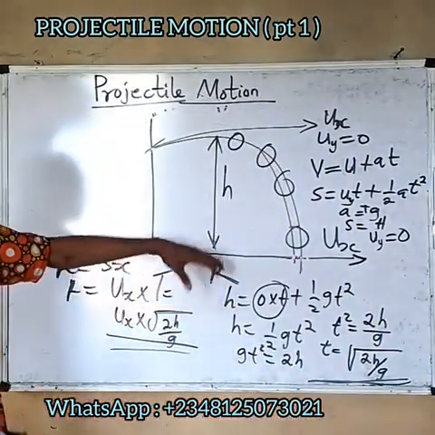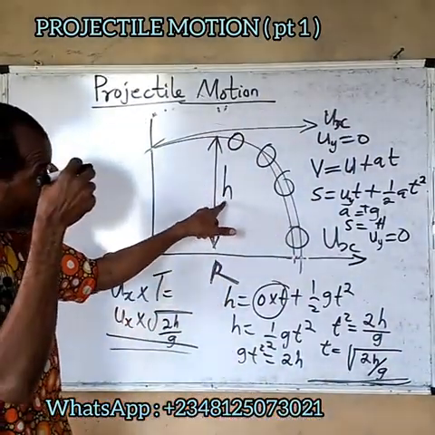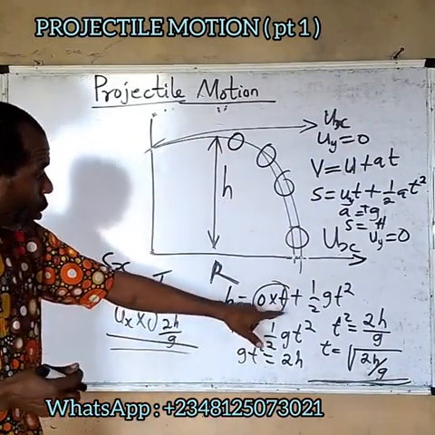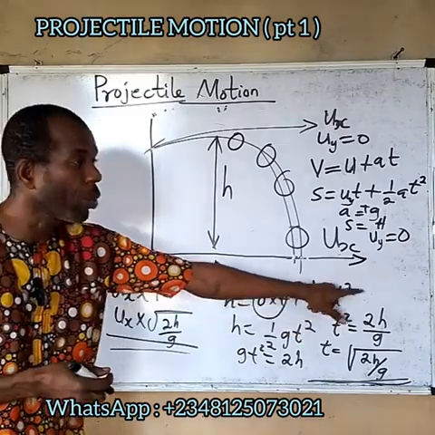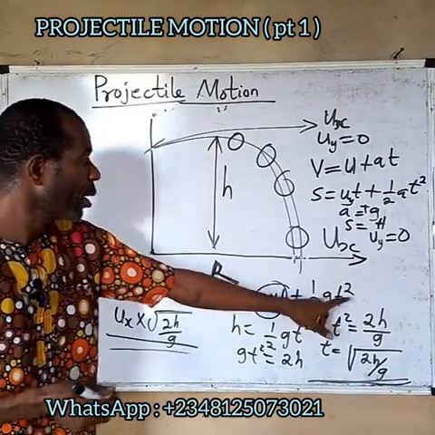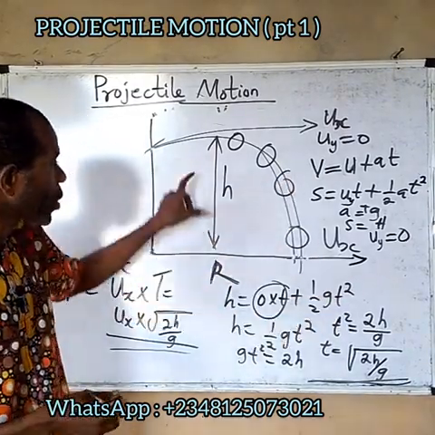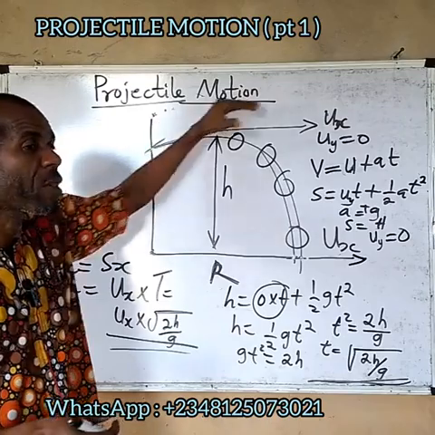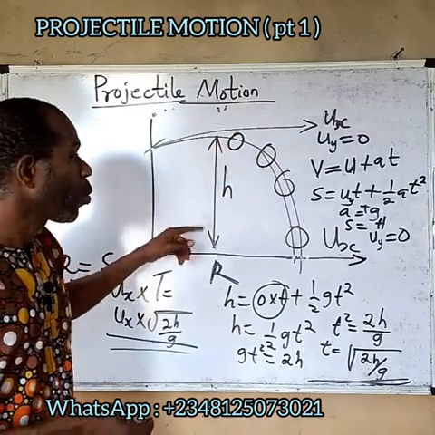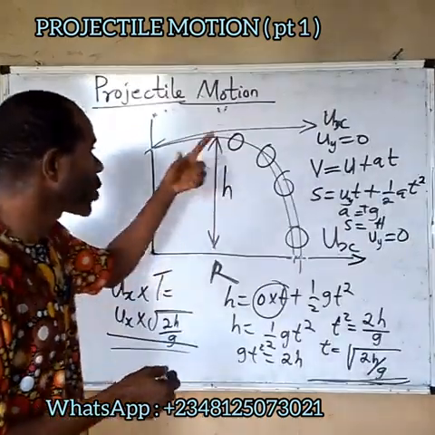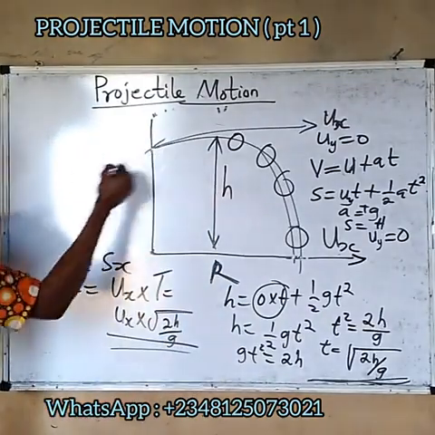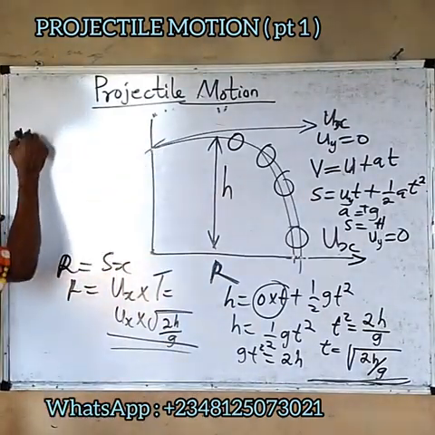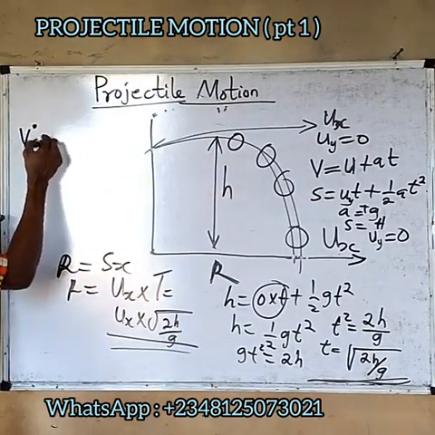So here, this is the maximum height. Your maximum height is given by half gt squared, once we calculate the time. So this is the maximum height for horizontal projection from a particular height. And remember, when you take an object upward, the maximum height is where v is equal to 0.